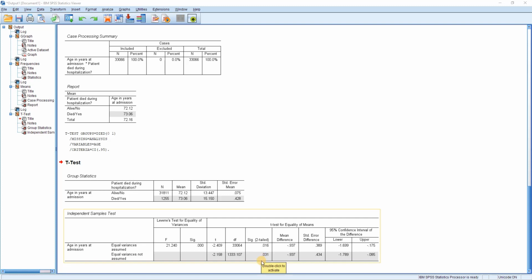So we are seeing a t-test for the equality of means of 0.031, which is less than our p-value of significance of 0.05, or our alpha value of 0.05. So we can say in this situation that the age difference between patients who died and the patients who did not die during their hospitalization is in fact a significantly different value.